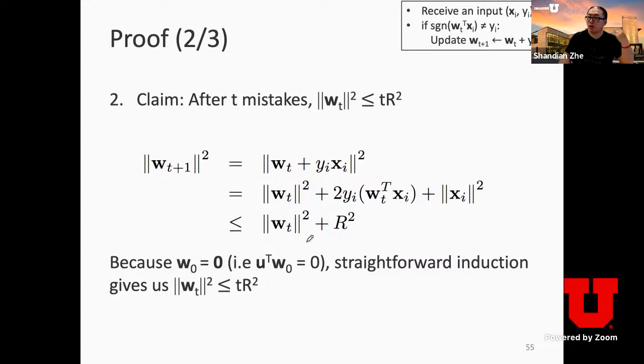And then according to the induction assumption, we assume that the square norm of WT is already upper bounded by T R squared. And plus an extra R squared, we get a new upper bound for the square norm of WT plus 1, which is T plus 1 times R squared.